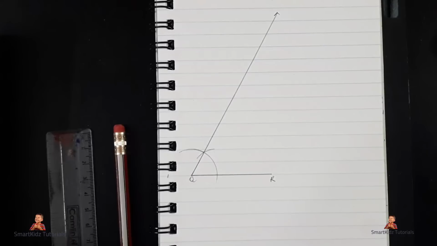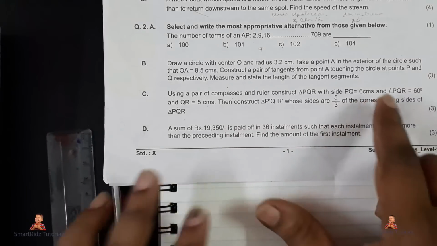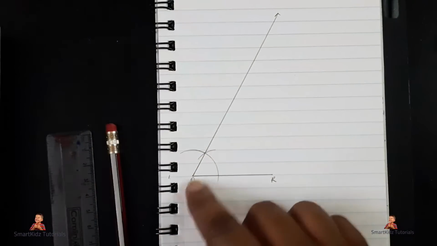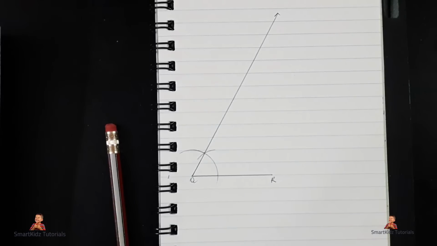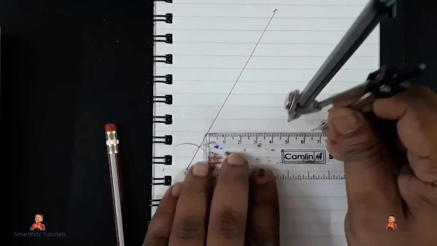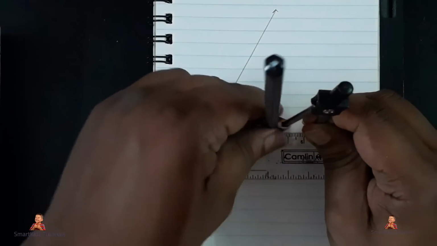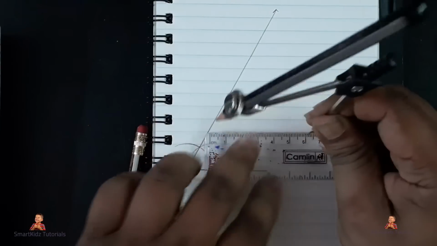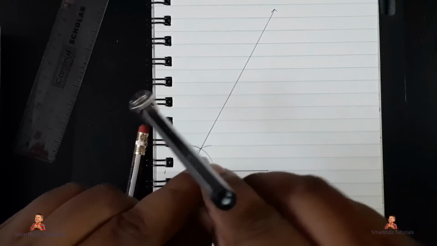Next, it is said that PQ is 6 centimeters. So from Q, I'm going to cut 6 centimeters, and that should give us PQ. Okay, that's 6 centimeters from here. Take Q, cut.